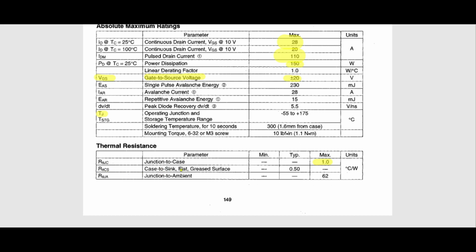Case to sink, if it is a flat greased surface, is around 0.5 degree centigrade per watt, but I mentioned earlier that this is dependent on the skill with which you mount the MOSFET onto the heat sink. R theta JA, junction to ambient, is 62 degree centigrade per watt. Now this is junction to ambient without any heat sink.